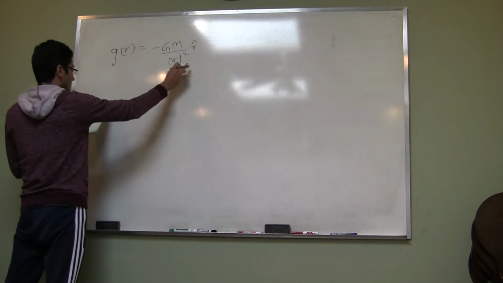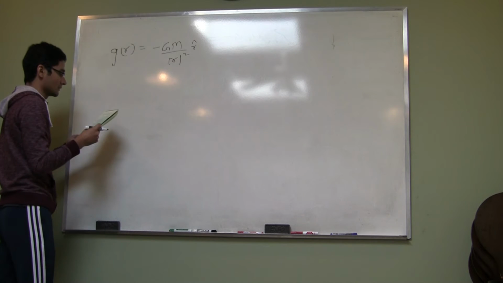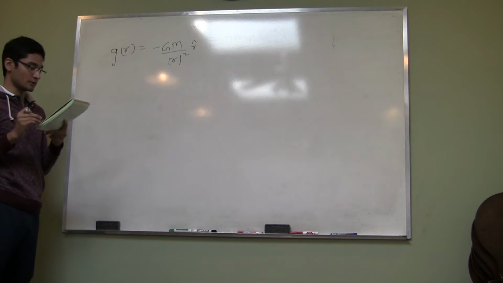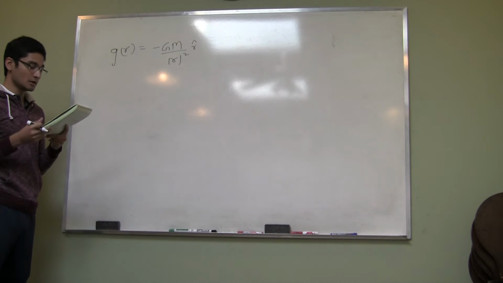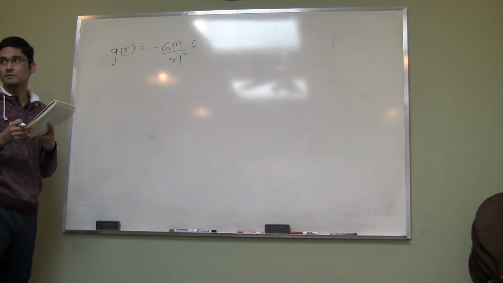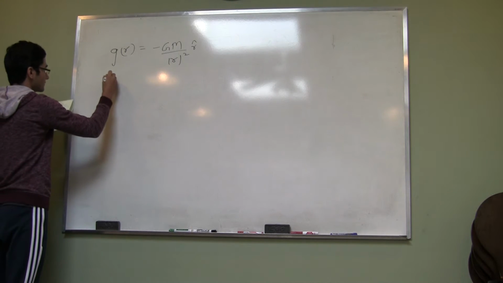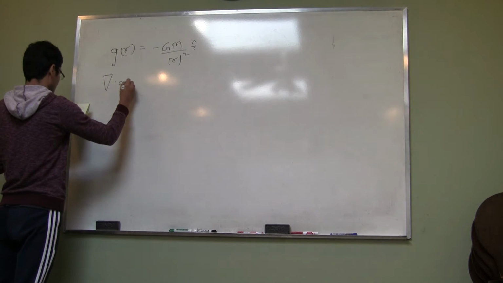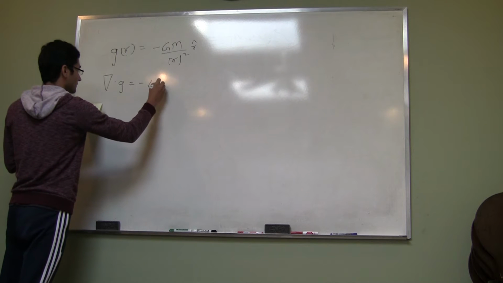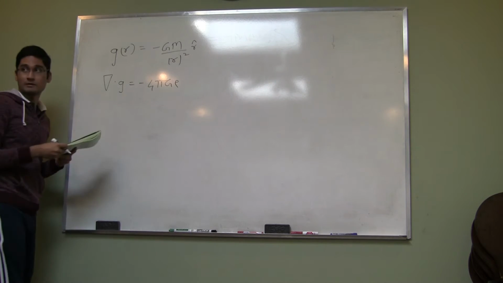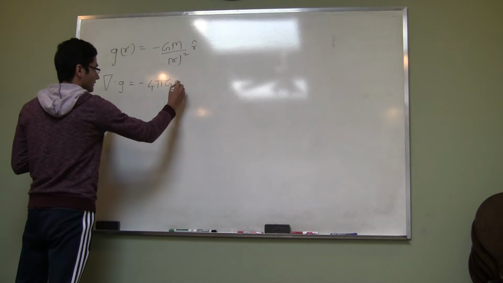This is the gravitational field, which is the same as acceleration, but the gravitational field at any point r in space is defined as the gravitational force felt by a unit mass placed at that point. And the divergence of the gravitational field is minus 4 pi G rho, where rho is the mass density at that point.